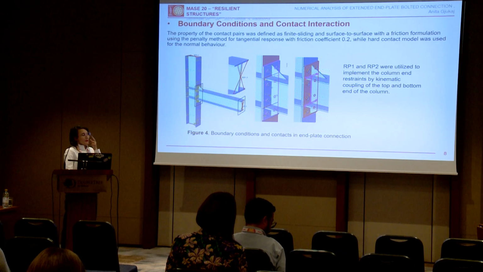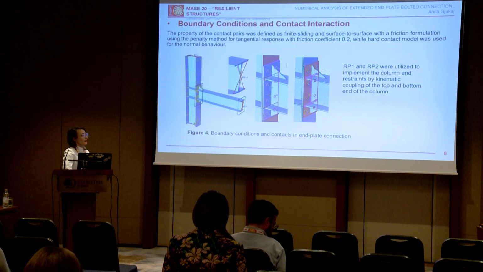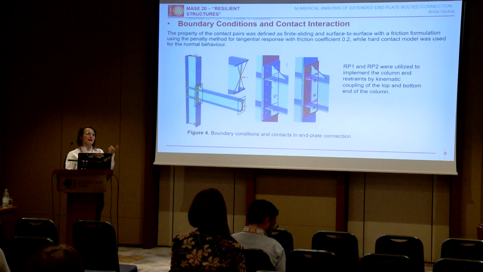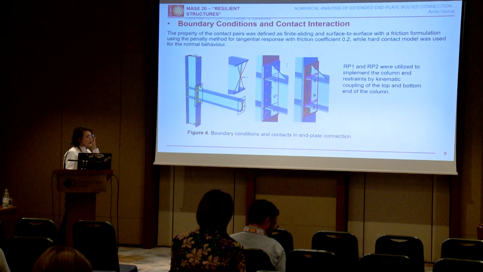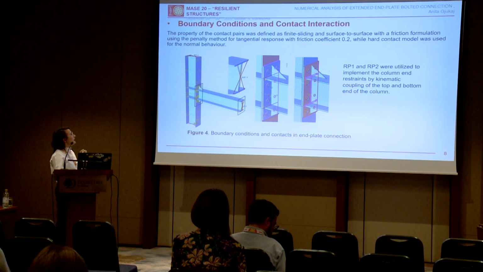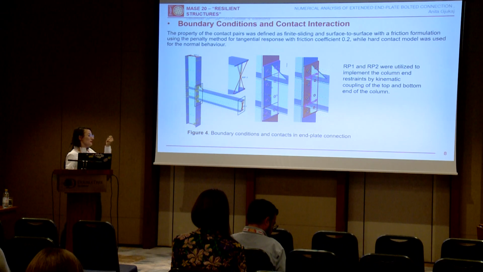One of the key processes during finite element modeling is the boundary condition. Those are important because they have to represent those that are used in the real setup. For this reason, as you can see, I selected 3 reference points for all the degrees of freedom at the beam ends and column ends.